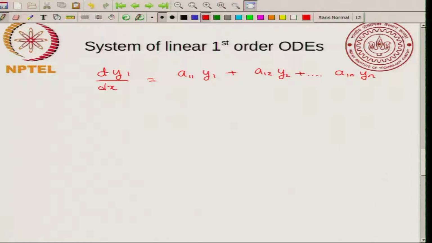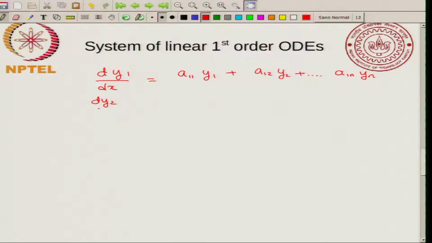Okay. And what I did is I wrote the differential equation for y1 as some constant times y1 plus some constant times y2 plus all the way. So, this is a linear first order differential equation. It is linear in all these dependent variables.